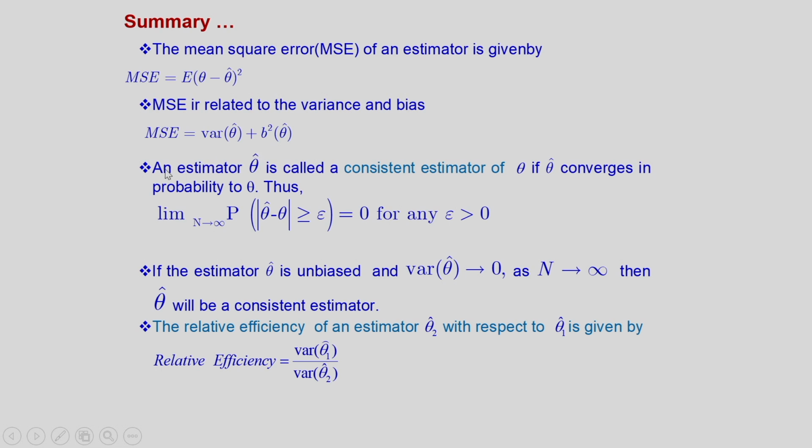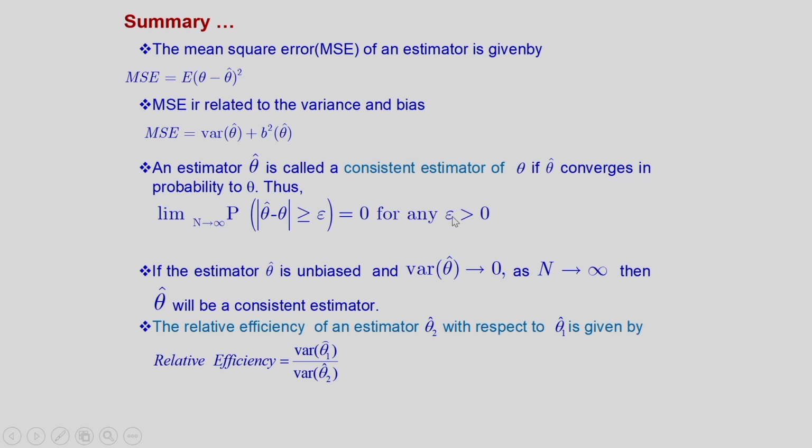Then we defined the consistent estimator. An estimator theta hat is called a consistent estimator of theta if theta hat converges in probability to theta. Thus, the limit as n tends to infinity of the probability of the deviation of theta hat minus theta being greater than or equal to epsilon is equal to 0 for any epsilon greater than 0.